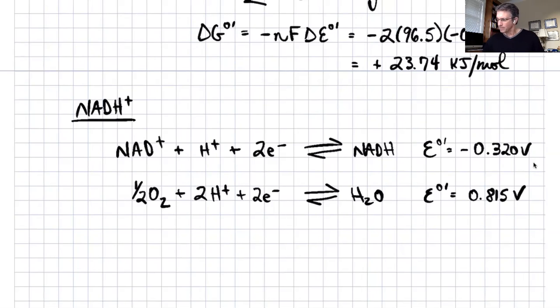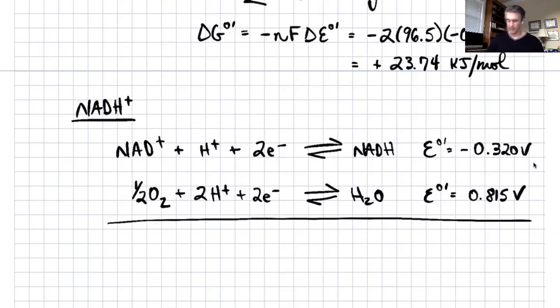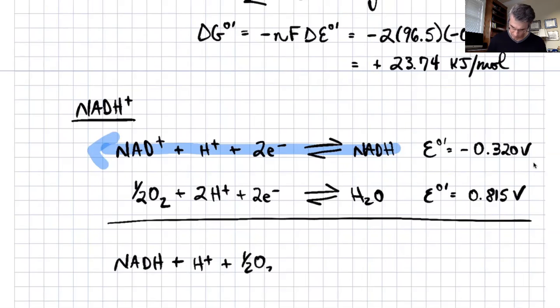So now, if you flip these reactions around appropriately and you write the overall reaction out correctly, you end up with something like this, NADH, right? Of course, remember here, you've got to invert this guy. You do that and you write this out, you get a reaction NADH plus H plus 1/2 O2 goes to NAD plus H2O.